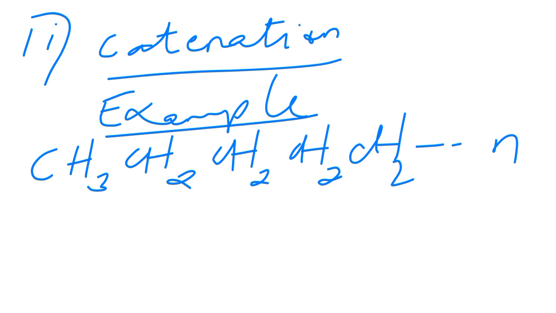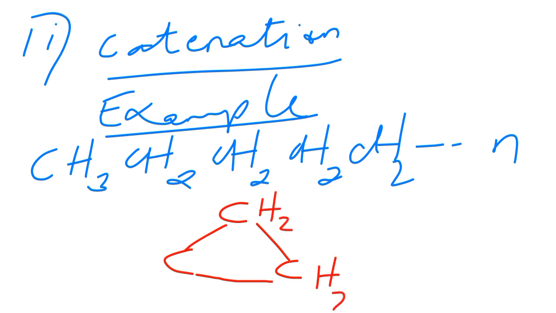Another case, we can look at the part of cyclic, like cyclopropane. The cyclopropane looks like this way. Here it will be CH2, here is CH2, and here is CH2.